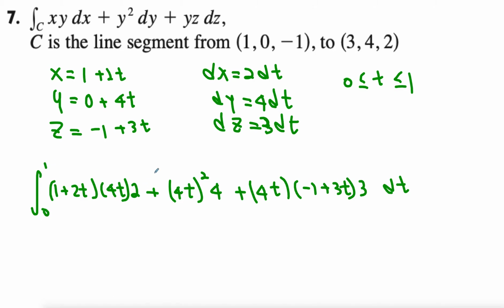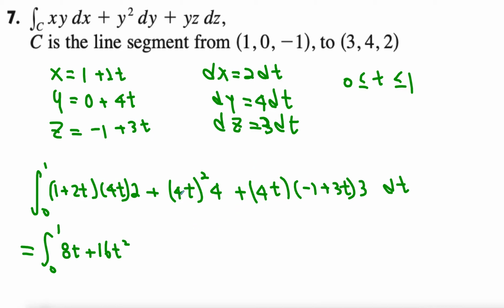Now, once we came up to here, what we have to do is combine them together. It's a little bit annoying, but you should be able to do it. So we have 8t multiplied by 1, so we get 8t, and then plus 16t squared.